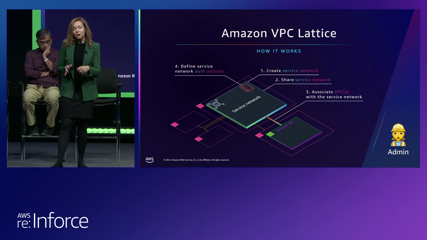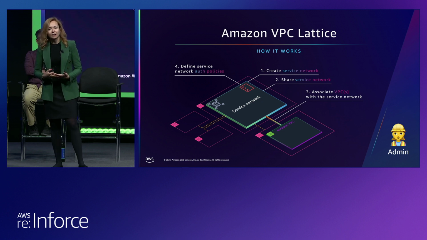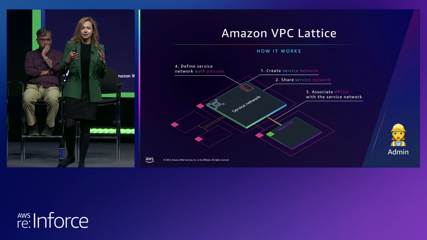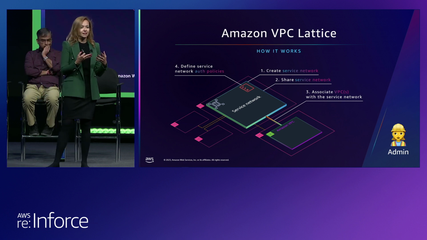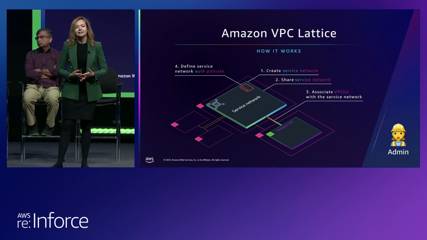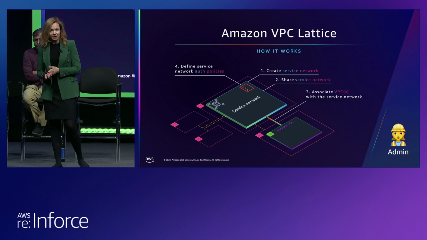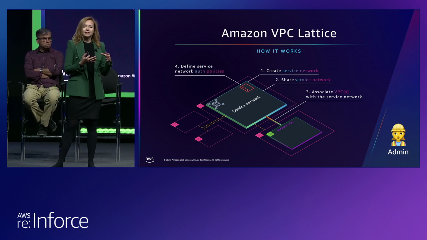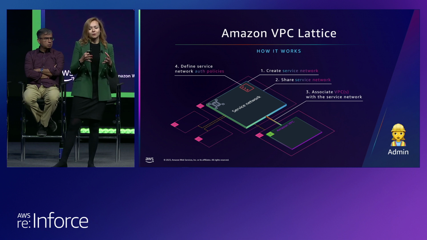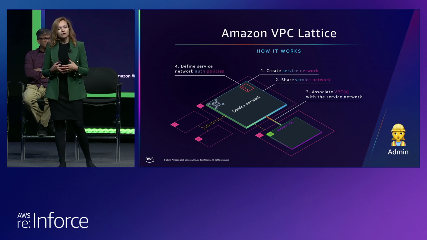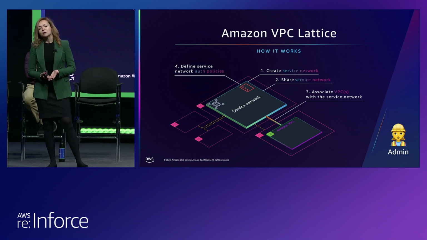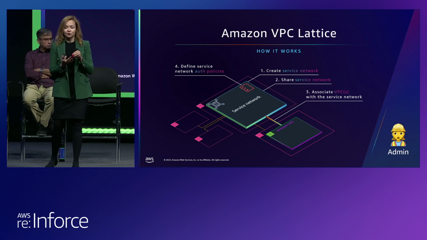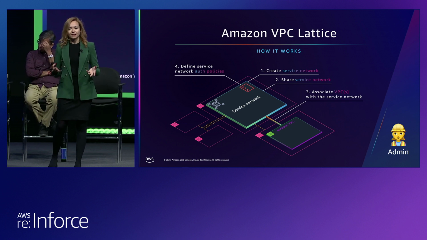Last, from the security perspective, and here we're talking not just about the network folks, but also the security admin persona, there will be a set of policies that can be enforced at the service network level for access control within the service network. And here, one of the most common ones that we are seeing is, for example, setting that traffic through the service network has to be authenticated, right?